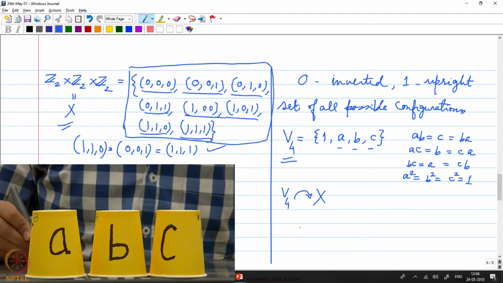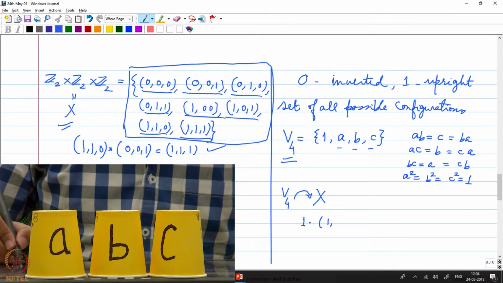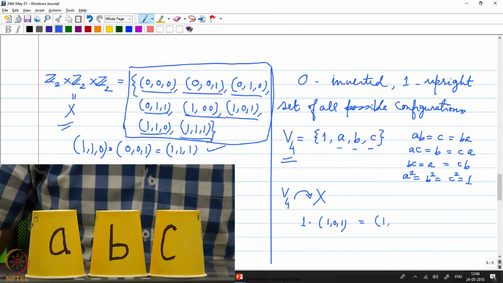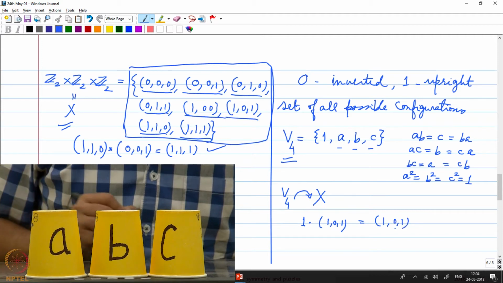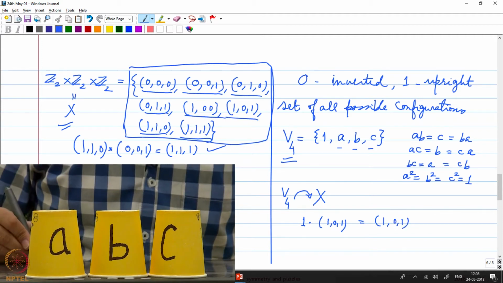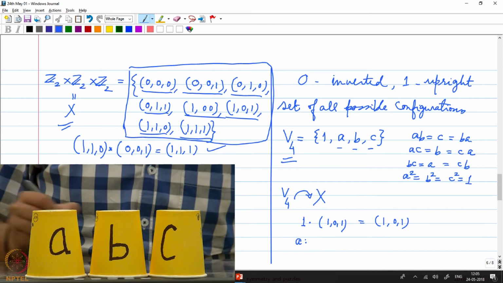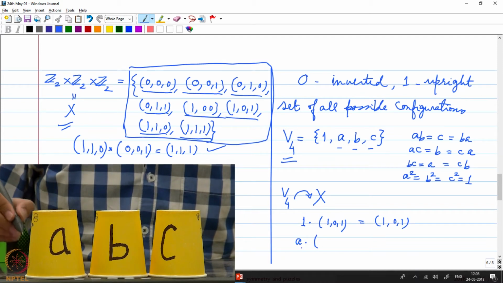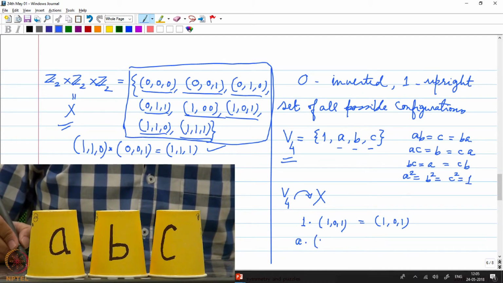So let's pick an element from V4. Well, if the element is identity, then whatever I pick from X, say something like 101, it is simply 101. Nothing is happening. The interesting thing is, for example, when I pick A from V4, what is its effect on say 100?